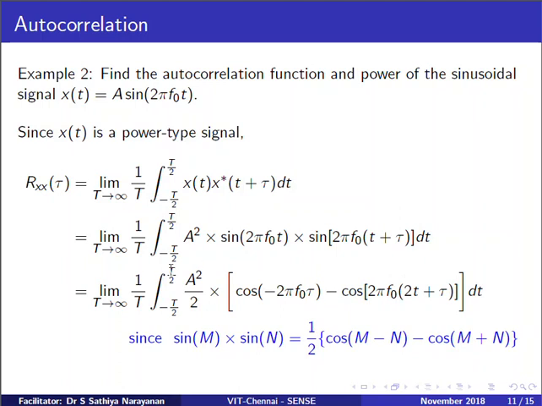So we have the integral from minus T by 2 to T by 2, with the limit T tends to infinity of 1 by T, of A square by 2 times cos(minus 2 pi f naught tau) minus cos(2 pi f naught (2t plus tau)). Of course, cos of minus theta is equal to cos theta.